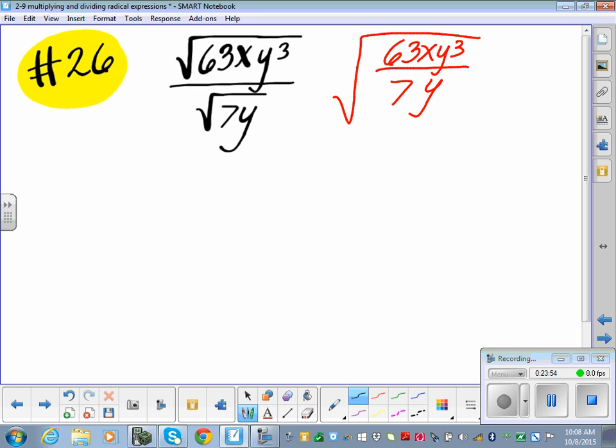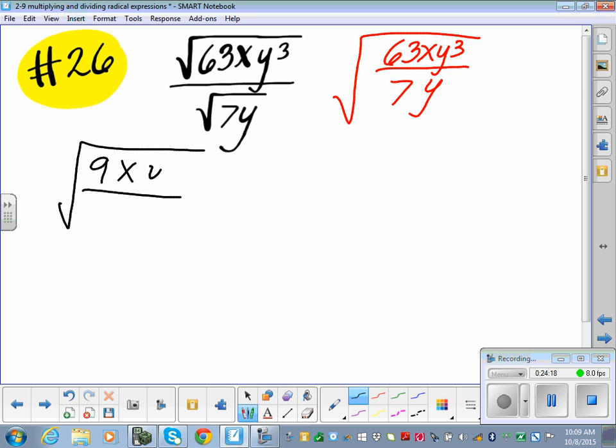So tell me, what's 63 divided by 7? 9. So 9's on top, right? 63 divided by 7 is 9. And then we have an x, no other x's, right? So x needs to stay on top. And then we have y to the 3rd on top divided by y. So we're going to have what?